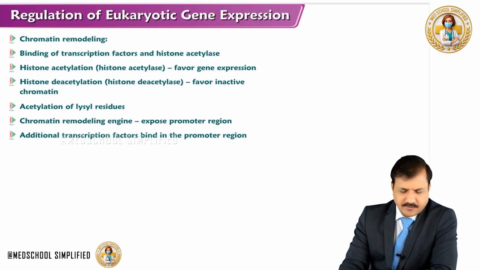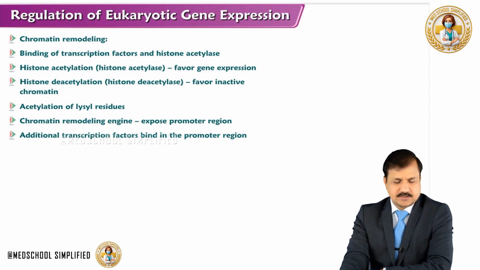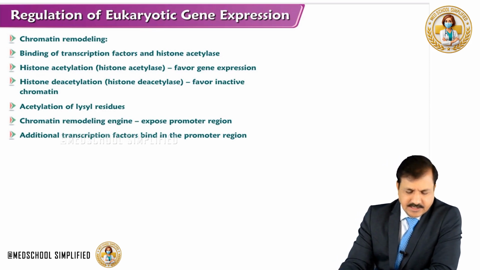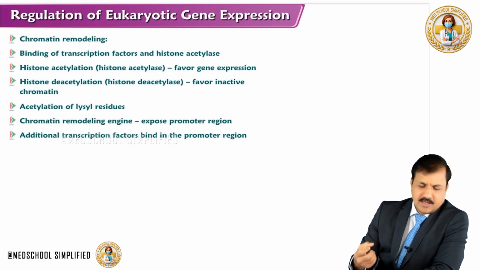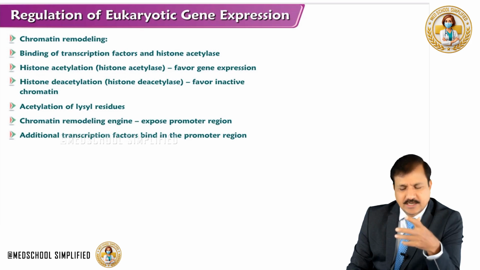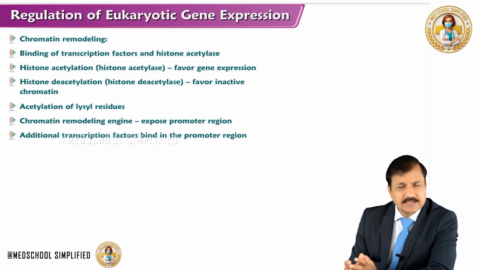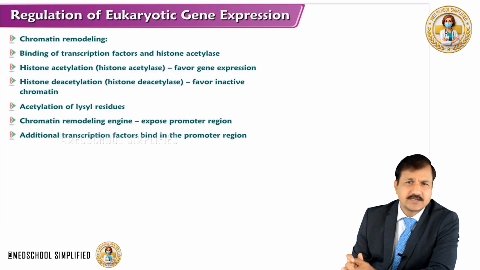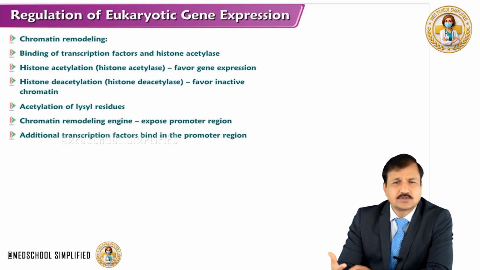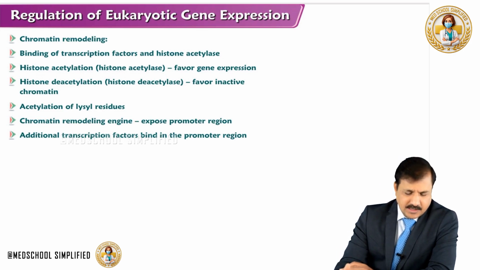So that's what I have briefly written here. Chromatin remodeling has to be done. So binding of transcription factors and histone acetylases has to occur. Histone acetylation done by histone acetylase favors gene expression, whereas histone deacetylation done by histone deacetylase enzyme will favor inactive chromatin, whereby gene expression is not going on.